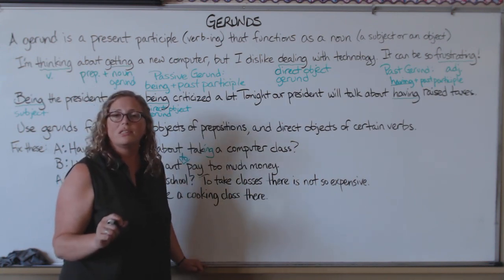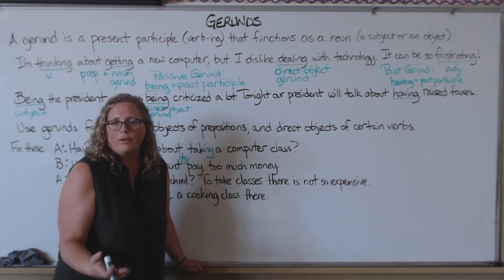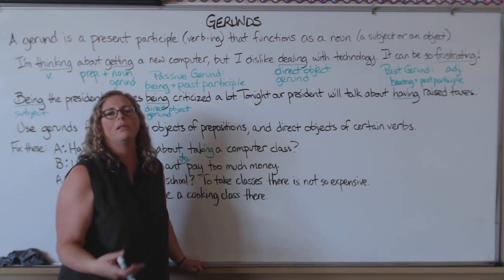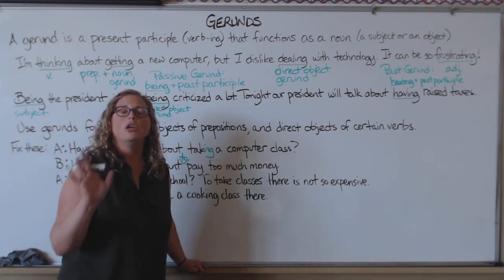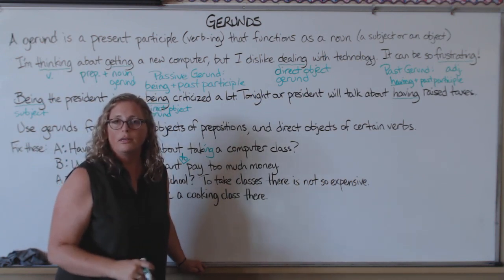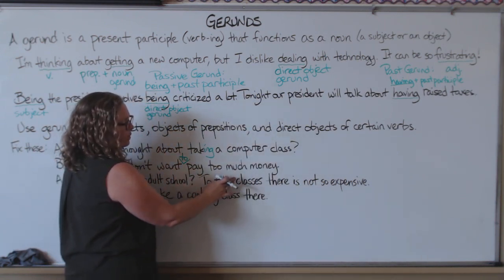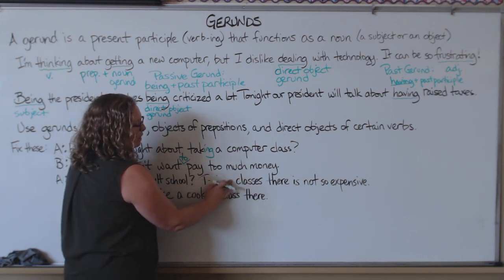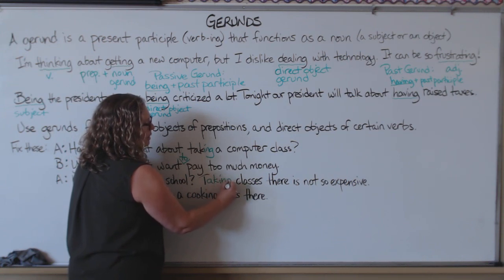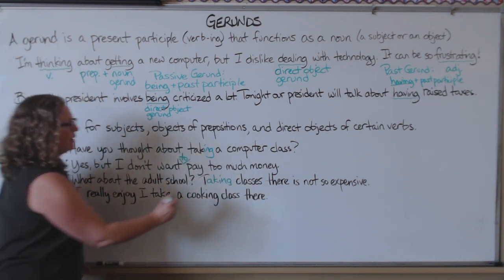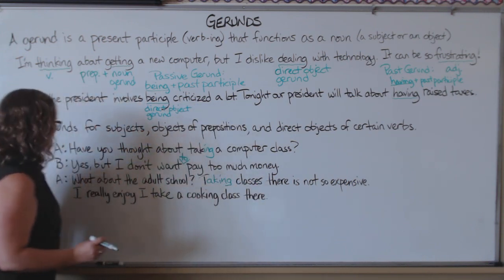Infinitives are only used as subjects in a very literary way, very formal language, very poetic. Don't do it. Use a gerund if it's a subject. So instead of to take classes, you need the gerund. Taking classes there is not so expensive.